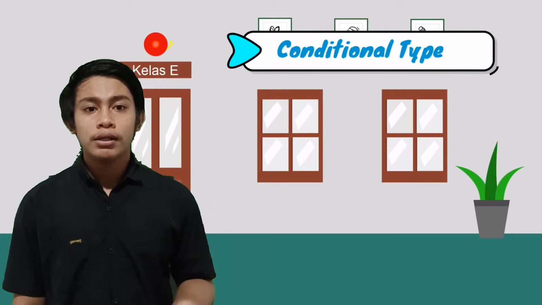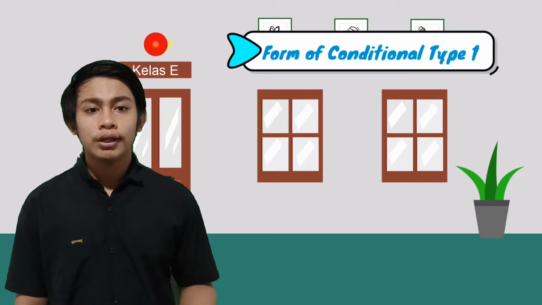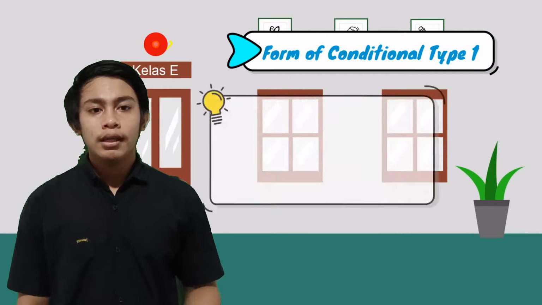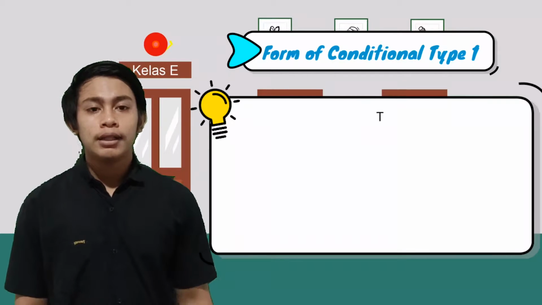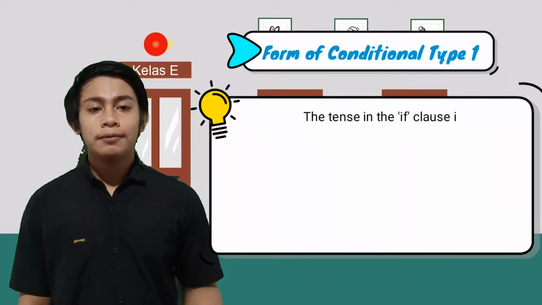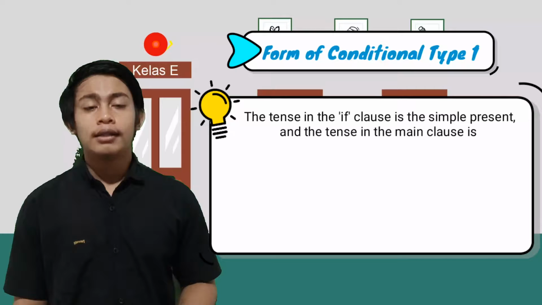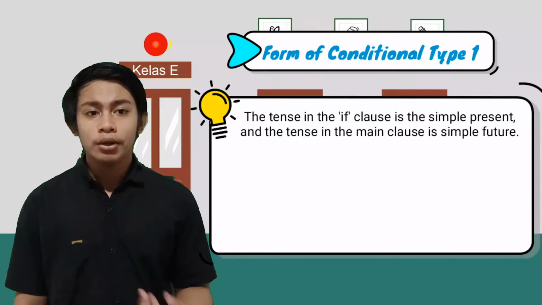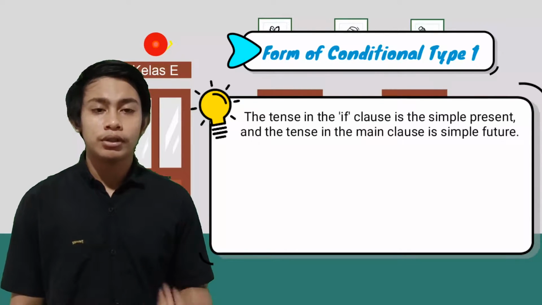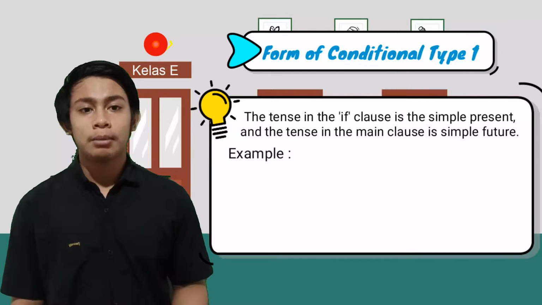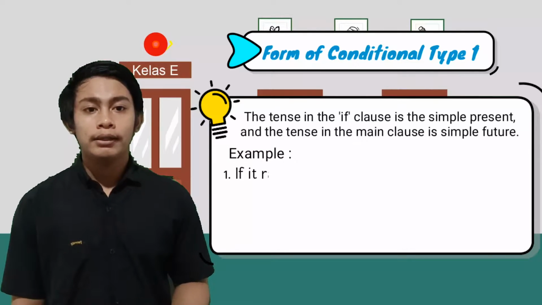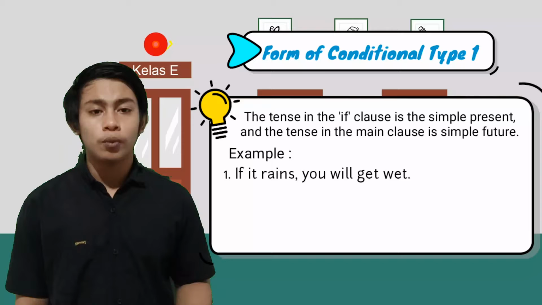Now I want to explain conditional type 1. First, we learn about the form of conditional type 1. In a conditional type 1, the tense in the if clause is the simple present, and the tense in the main clause is simple future. Example number 1, if it rains, you will get wet.